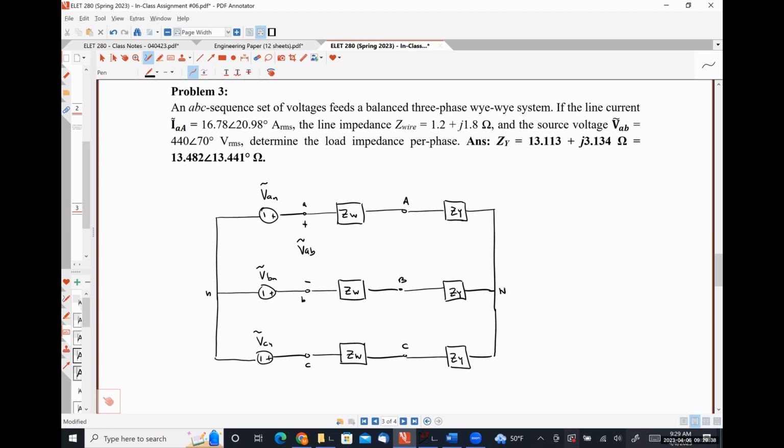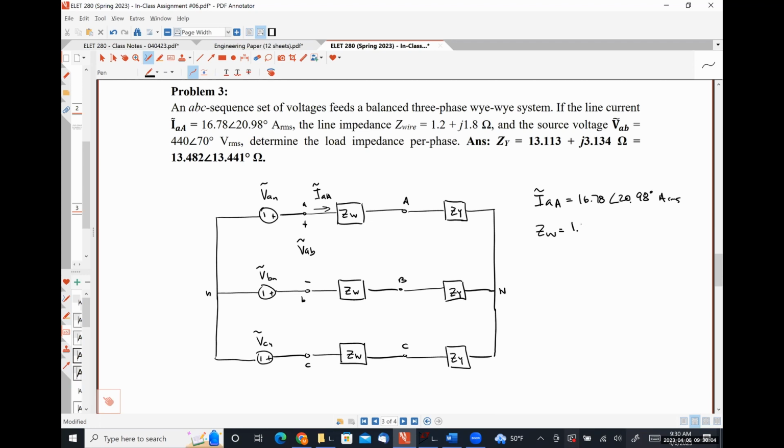And we are given our line current IAA. So let's write down our givens here really quickly. IAA is 16.78, angle 20.98 degrees amps.